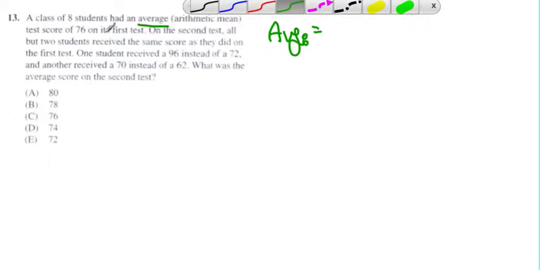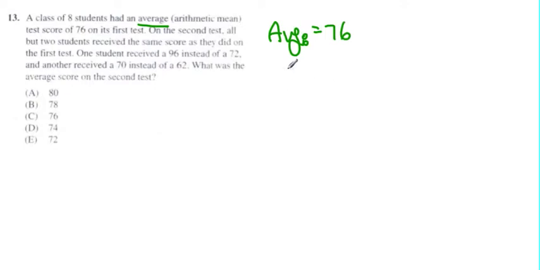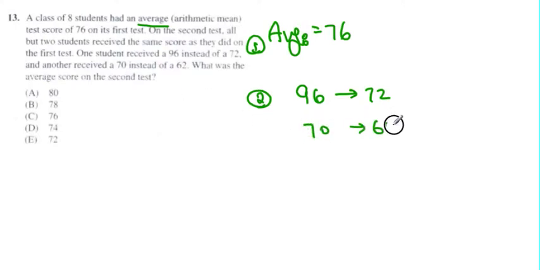So on the first exam, I'm just reading it one more time. On the first exam, the average was 76. And on the second exam, all but 2 students received the same score as they did on the first test. One student received 96 instead of 72. And then the other received 70 instead of 62. What was the average score of the second exam?